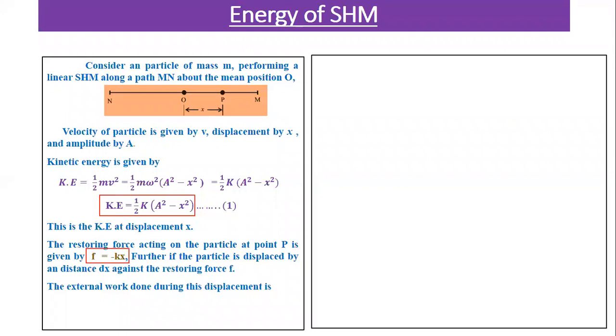The external work done during this displacement is given by force into displacement, so dW is equal to minus F into dx. As F is already minus, minus minus gives plus, so kx dx.